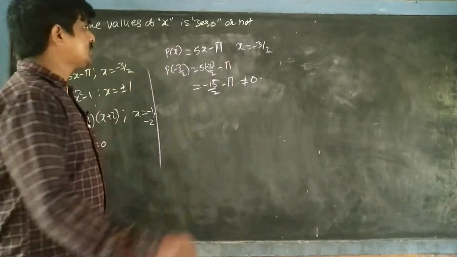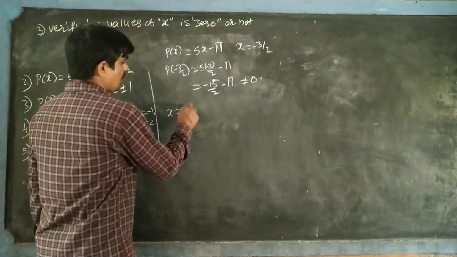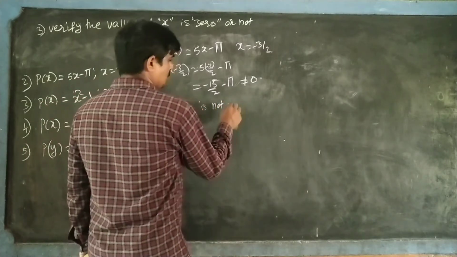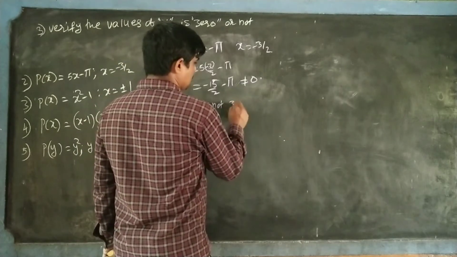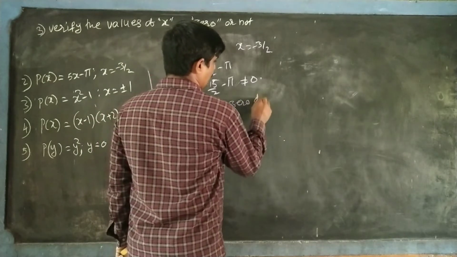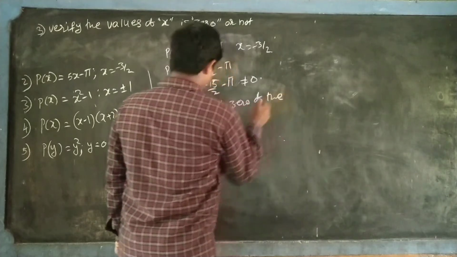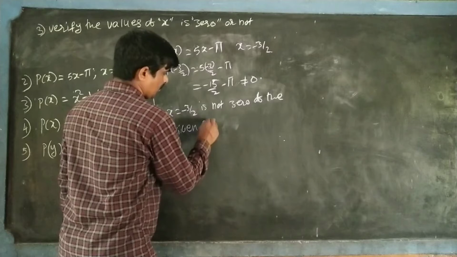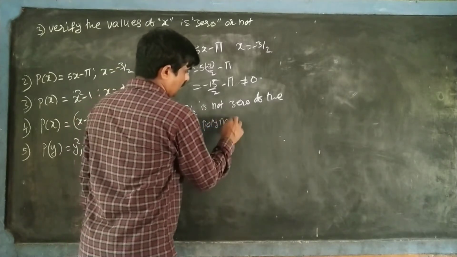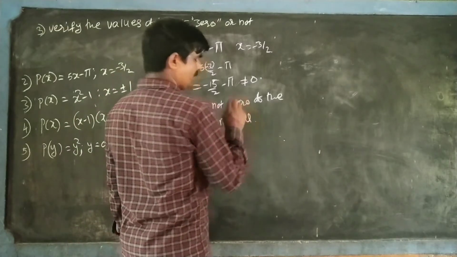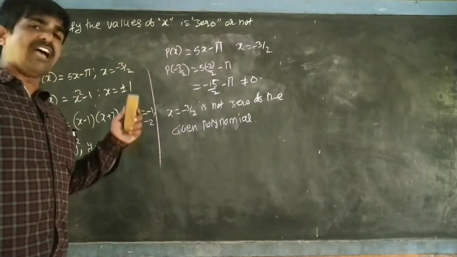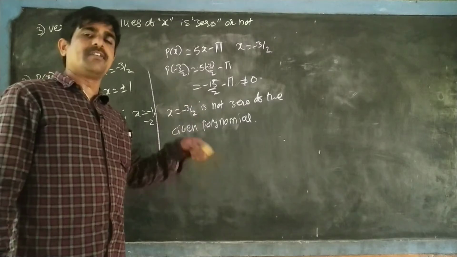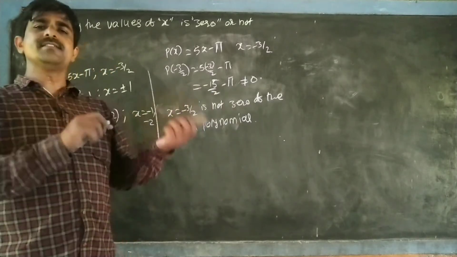Your conclusion: x is equal to minus 3 by 2 is not a 0 or root, not a 0 of the given polynomial. Very simple. First substitute the value of x is equal to something, whatever is given. After substituting, if you get 0, it is a 0, otherwise it is not a 0.